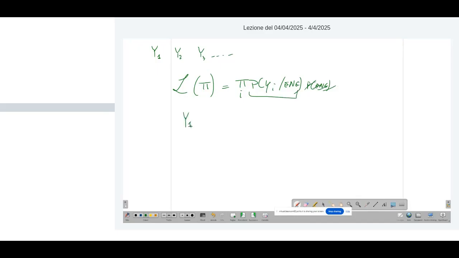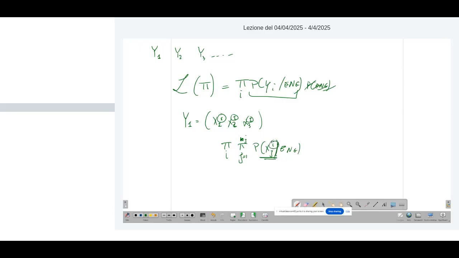Each of these can be computed how? If Y1 contains the words X1,1, X2,1, X3,1, so this is the document, this will be a product over the words in the document, call it j, of pi x_ij. This is the j-th word in document i.